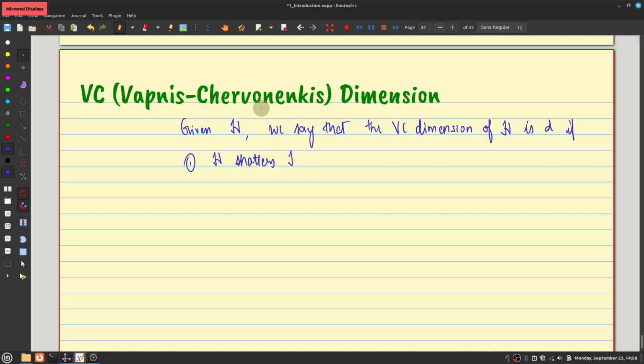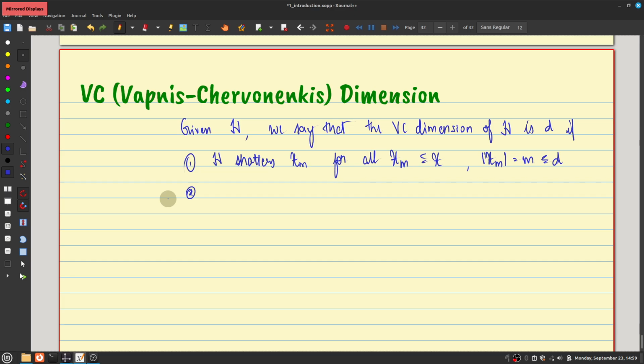H shatters X_m for all X_m having at most D elements, and there is some X_m which is not shattered by H where this X_m has more than D elements.